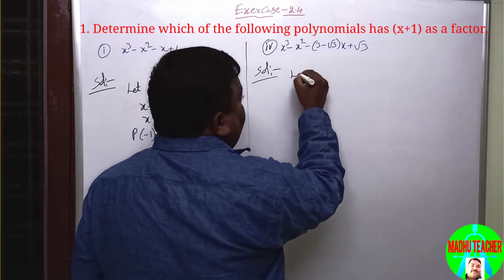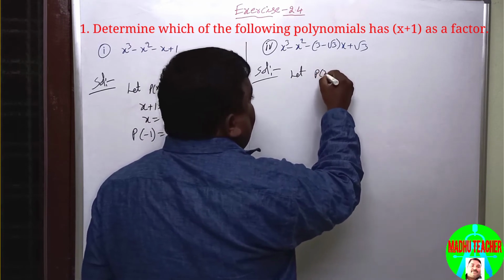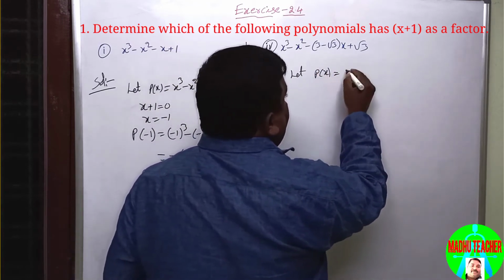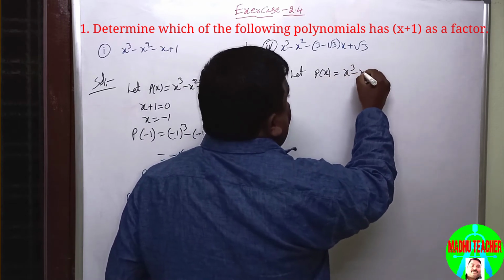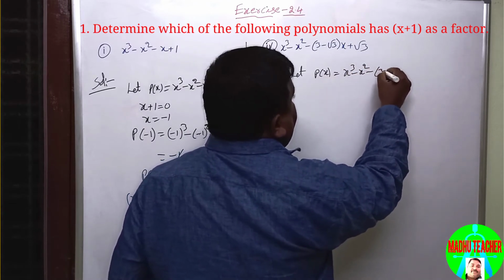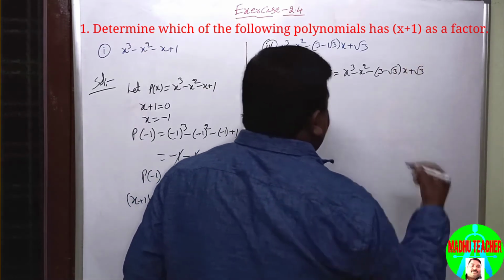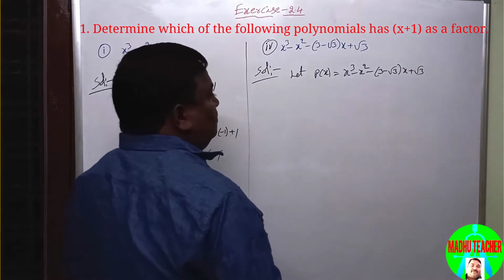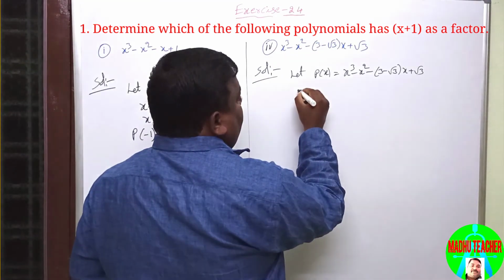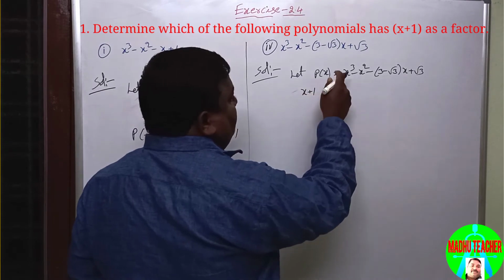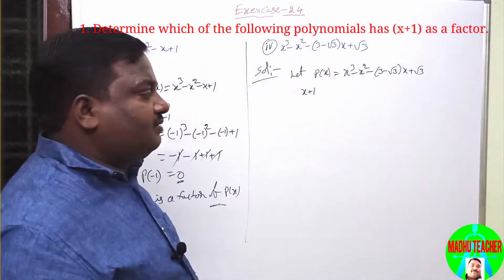Okay, so the given polynomial is p of x equal to x cube minus x square minus 3 minus root 3 x plus root 3, and what you have to check is whether x plus 1 is a factor of the given polynomial.